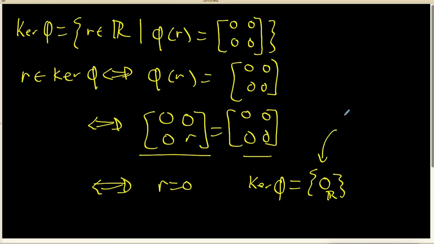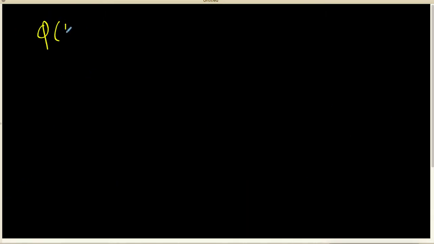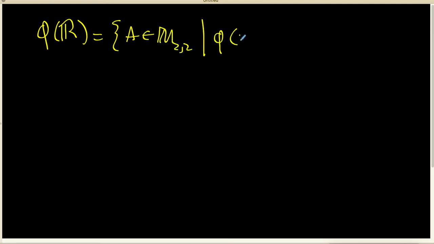So the kernel of our ring homomorphism is just the 0 inside the set of real numbers. And some vocabulary: this is said to be a trivial kernel. We will look at why it's called a trivial kernel in a later video. Well, to wrap this video up, we also need to look at the image of phi. So the image of phi, in other words, phi of all of the real numbers, is going to be the set of matrices A inside M22 such that phi of a real number is equal to A. But our formula actually gives this one away.